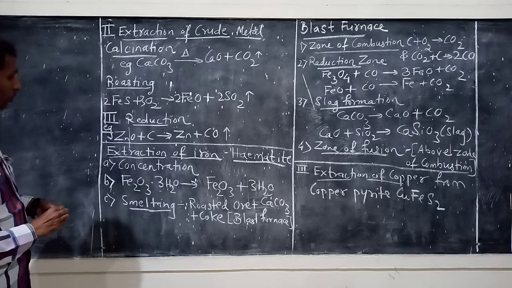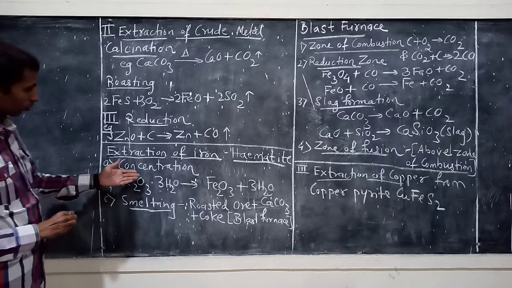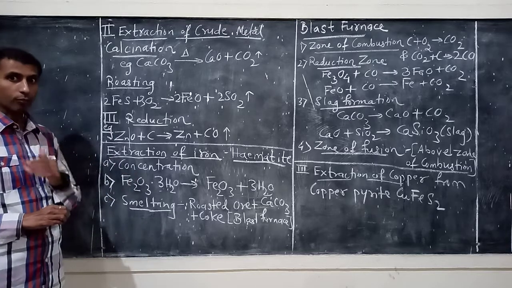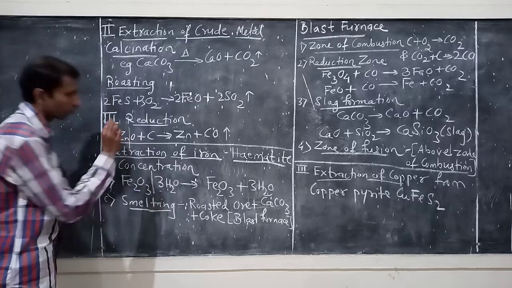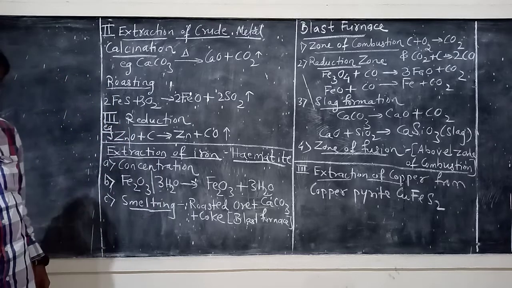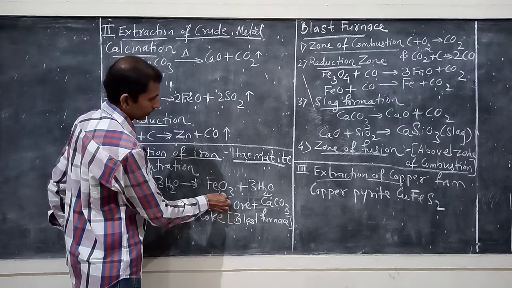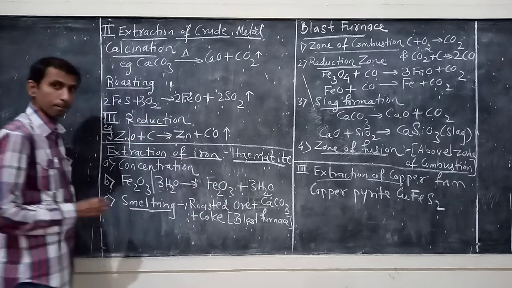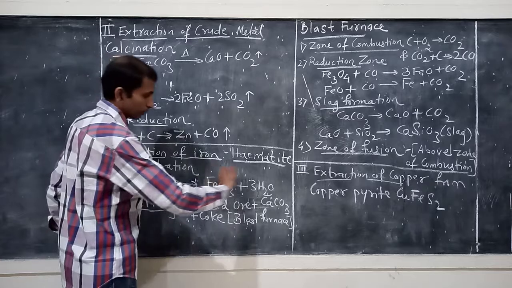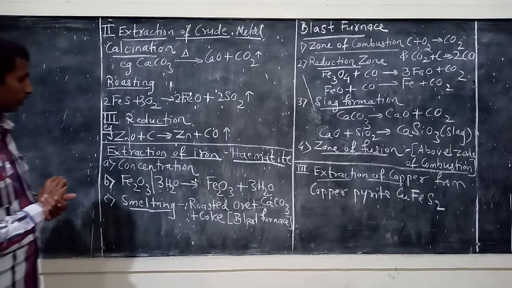After the first step of concentration, we have hematite ore here, which can be in the hydrated form, meaning containing water molecules. So we have to separate this water from here. We just heat the hydrated hematite ore and we get Fe2O3, and water molecules are separated.